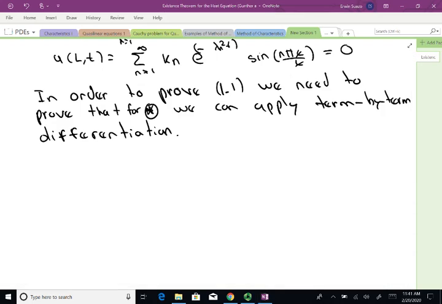So in order to do this, and this is all the discussion I just did, I just write it down as part of the proof. Okay.